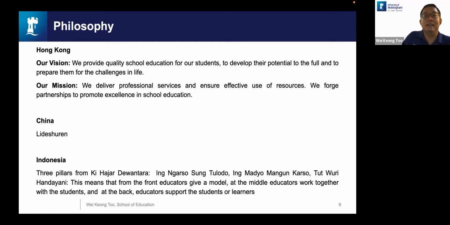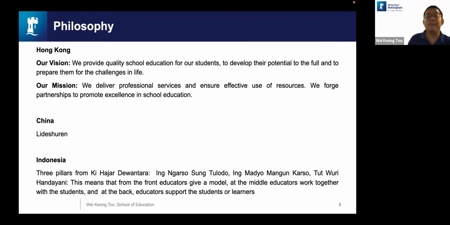In China, they have the term 立德树人. It means you develop the students not only for the development of knowledge, but also for character building, for the betterment of the nation. And Indonesia has a very clear 3-pillar.